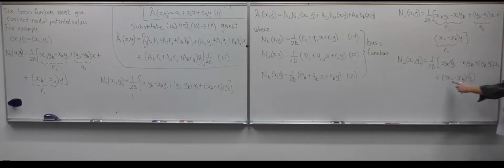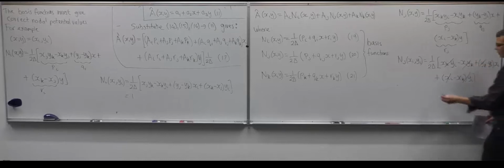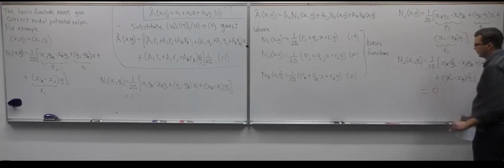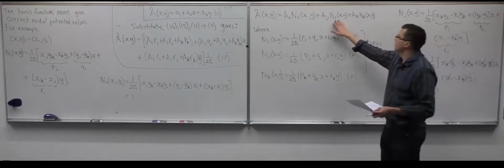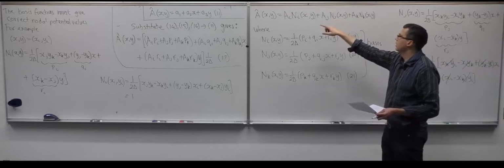Then the second to last term here is xi times yi, and then we have minus xi yi, so that cancels. And then lastly we have minus xi yk, and then here we have plus yk xi. So this term cancels too. So it all cancels out and we get a nice 0, which is great. So this term evaluates to 0 when we substitute xi and yi in.